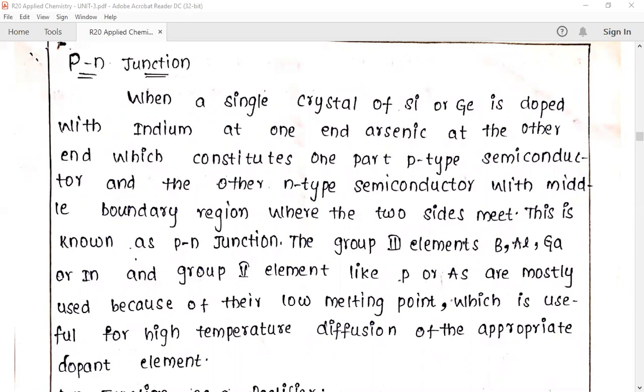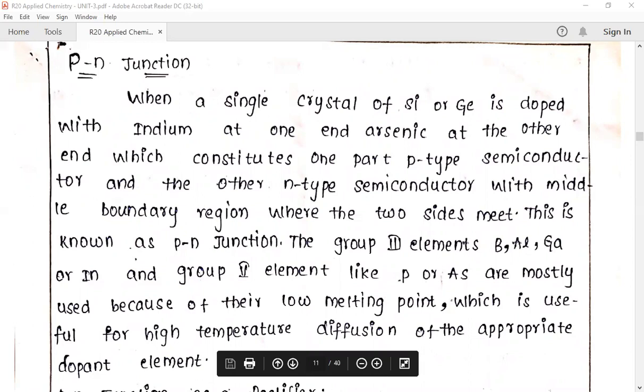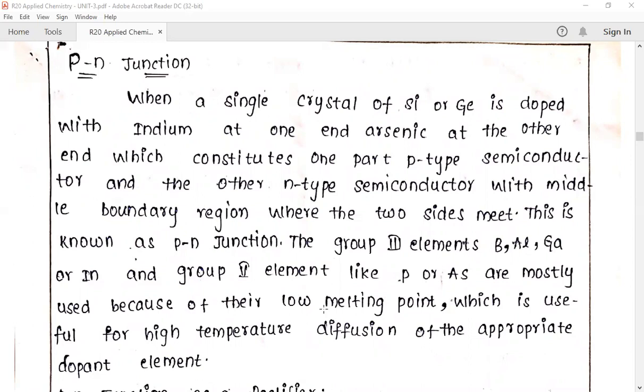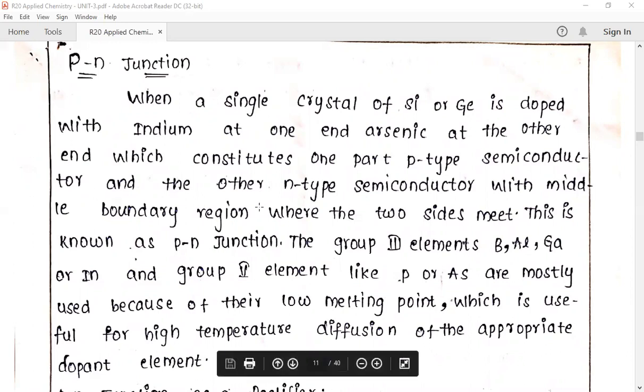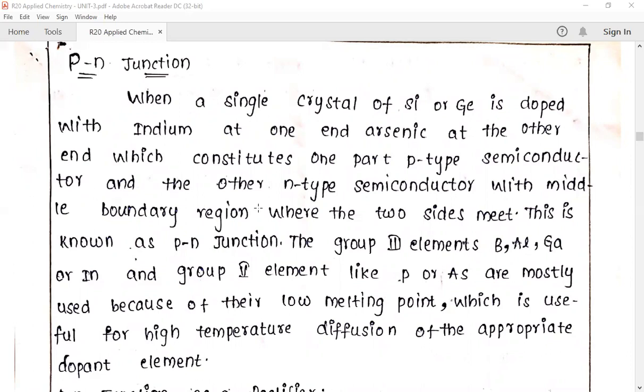Today, I want to discuss the semiconducting devices. In this, the PN junction. The semiconducting devices have a unique electrical property, hence they are used in devices to perform specific functions.